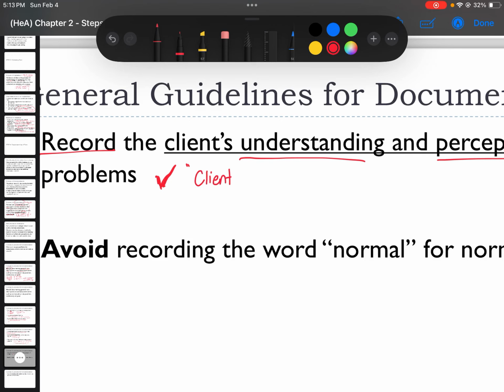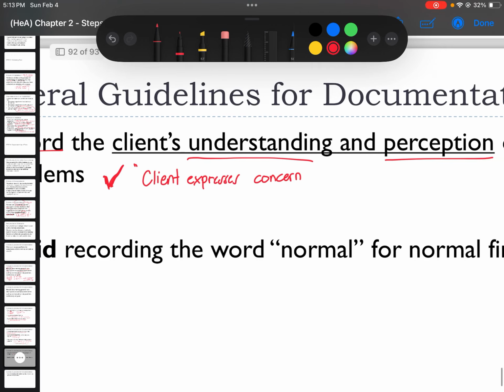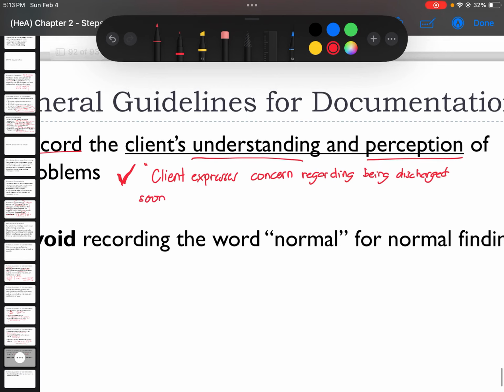So when the patient says, client expresses concern regarding being discharged soon after surgery because of inability to rest at home with 6 children.